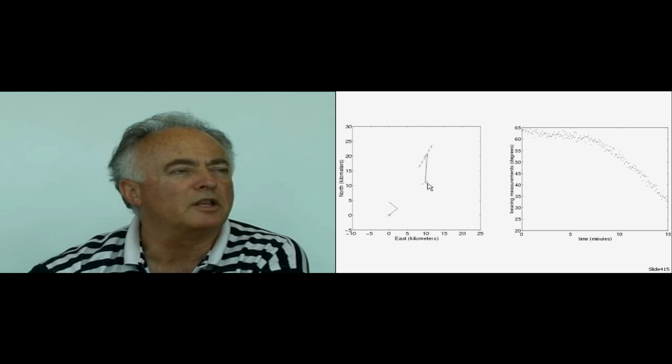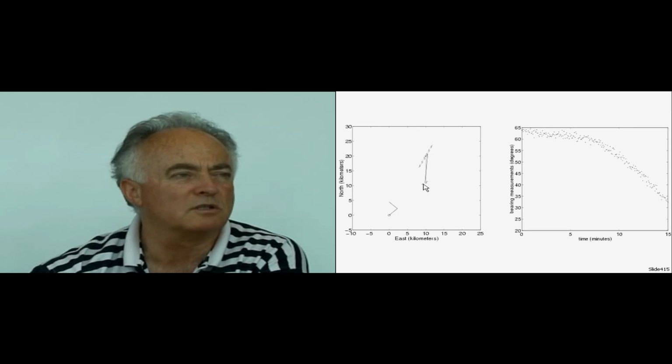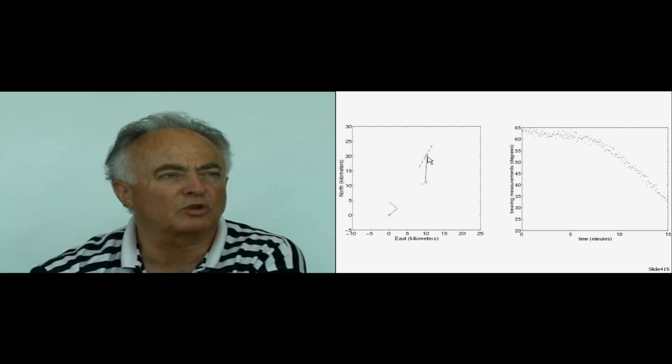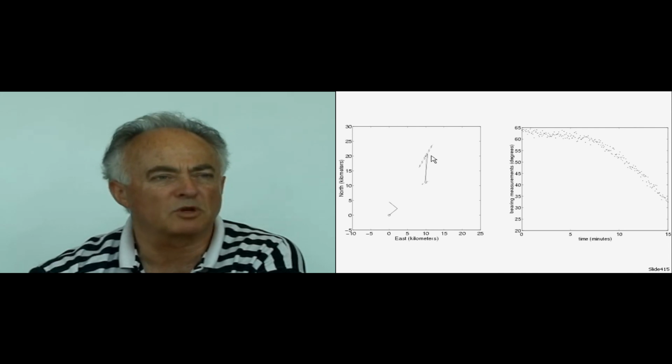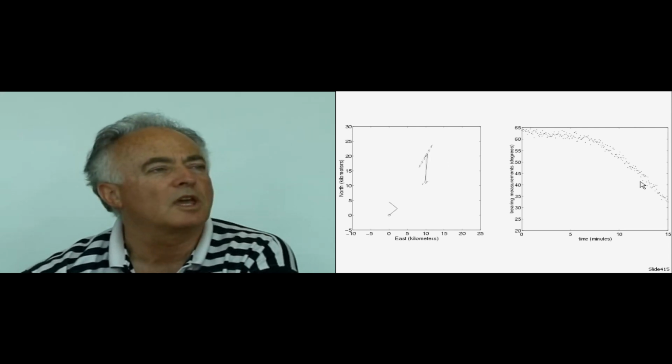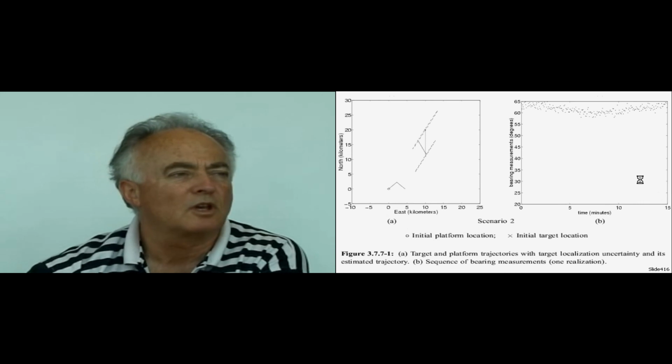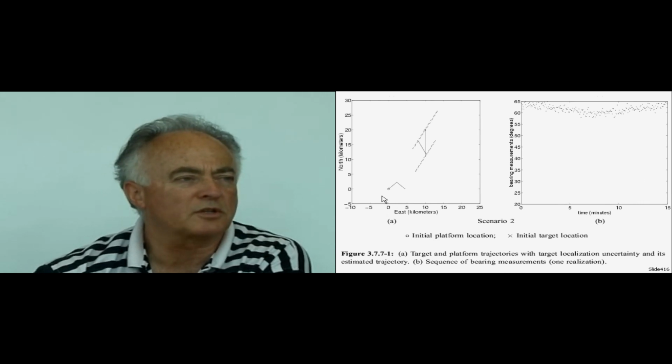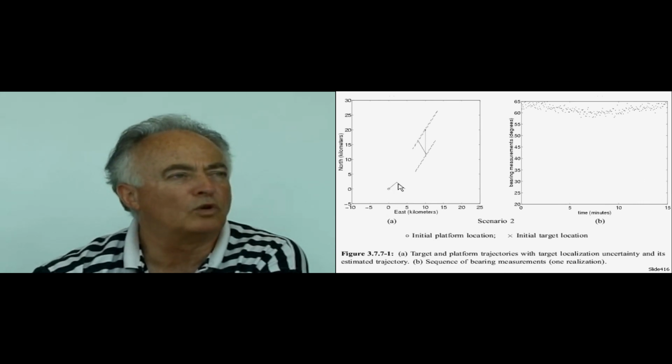So there's one outcome here of an estimated trajectory based on these measurements. Here's the second geometry. And look at the difference. The northeast and southeast motion for this trajectory gives us much larger ellipses.